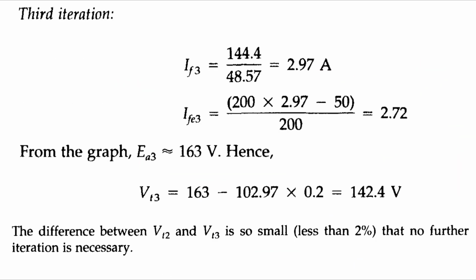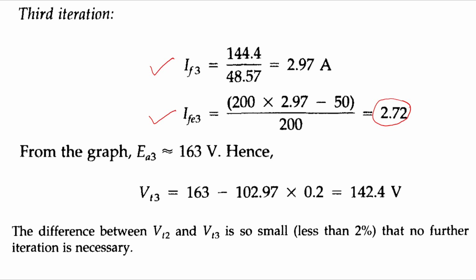Now in the third iteration, similarly, taking 144.4 into account, I will find IF3, the net field current, and then I will find the effective field current considering the demagnetizing effect because of the armature reaction. That will give me 2.72 ampere effective field current.